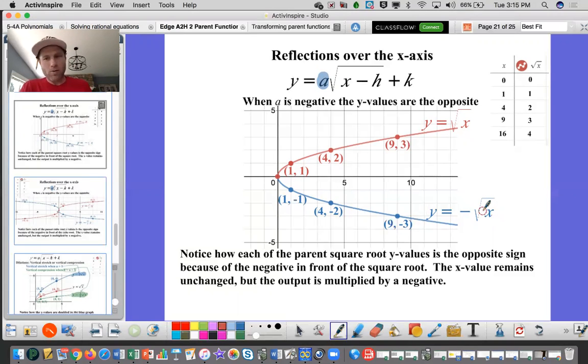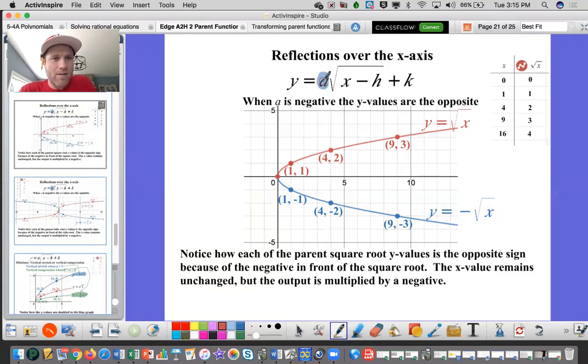Because I'm going to do the square root of my perfect squares, then multiply it by a negative. So the y values aren't going to be these, they're going to be these, but with a negative sign in front of them. So that's what happens with this guy right here, this leading coefficient.